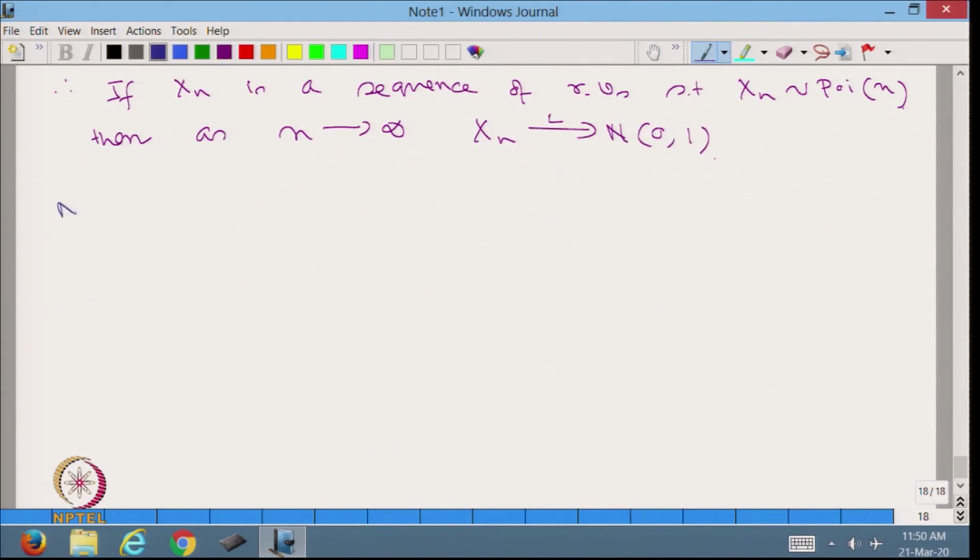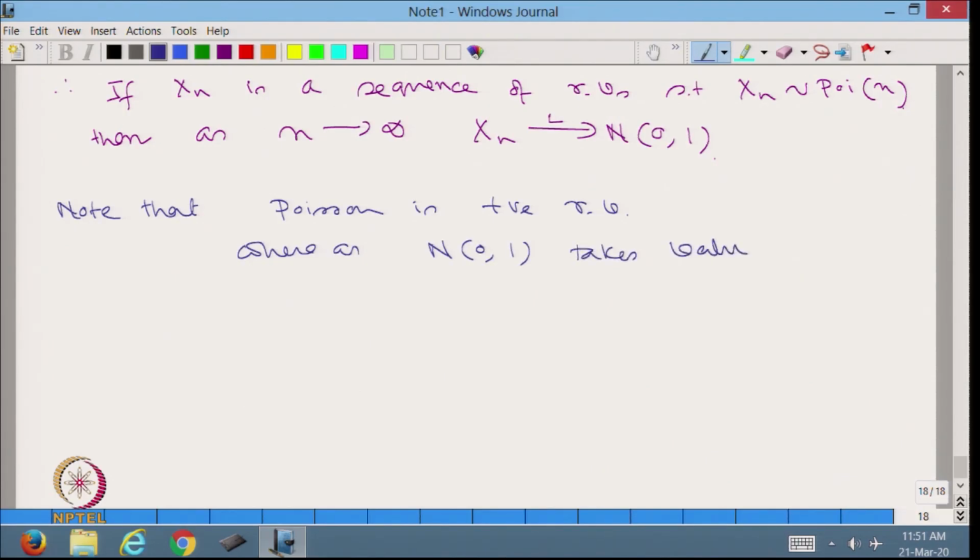Note that Poisson is a positive random variable, whereas normal 0, 1 takes values from minus infinity to plus infinity.